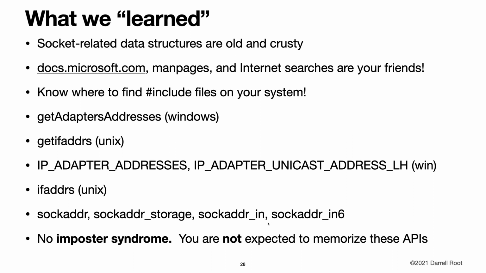These APIs and structures are difficult, but with examples, you can get through it. So don't feel imposter syndrome. In Beej's guide, he refers to some of these sockaddr unions, data structures, as the scariest union in the history of the internet.